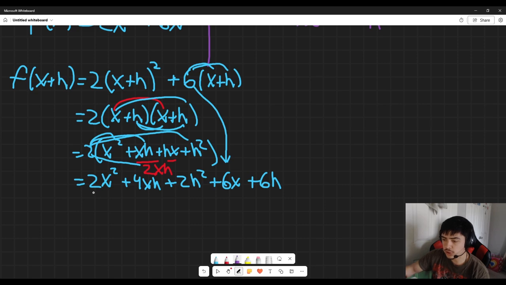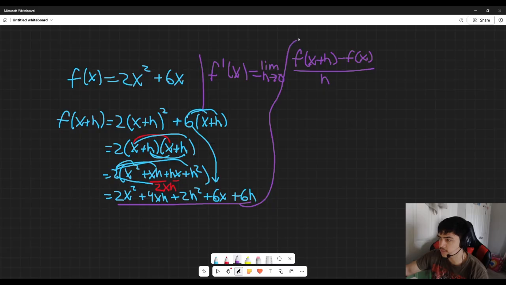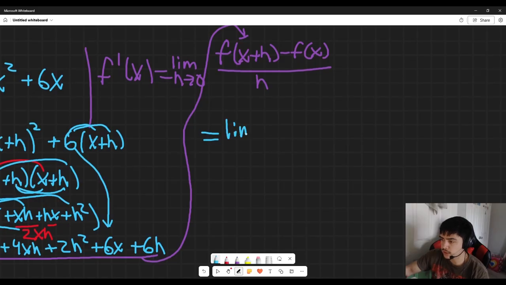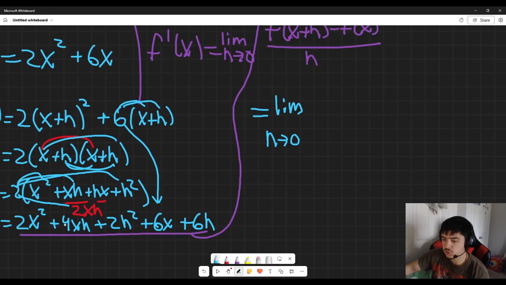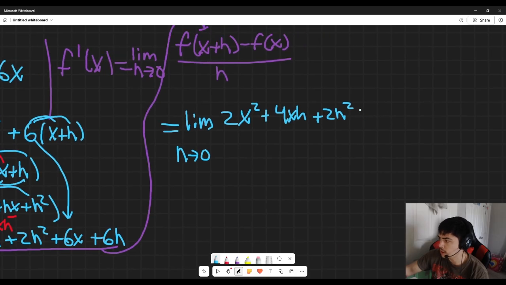So now, all we need to do is plug this whole thing into this part right here of the formula. So let's go ahead and move over here. So we need the limit as h goes to 0 of this whole thing that we got. So we're going to plug in 2x squared plus 4xh plus 2h squared plus 6x plus 6h.